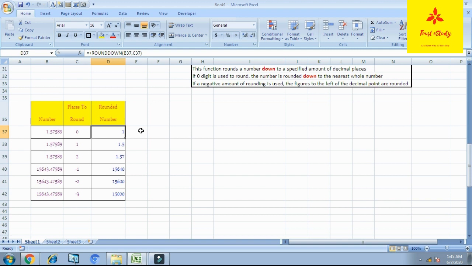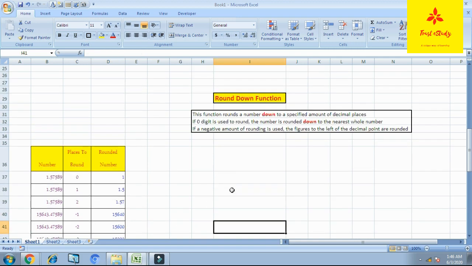In the same way, when I used -1, it rounded 3 here to 0. When I used -2, it rounded 43 to 00. When I used -3, it rounded down the number, which is 15,000. So this is how round down function is used.